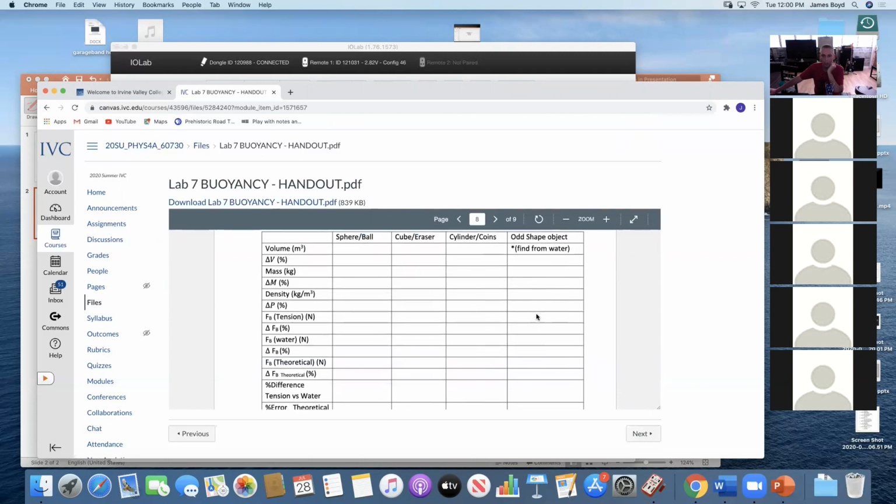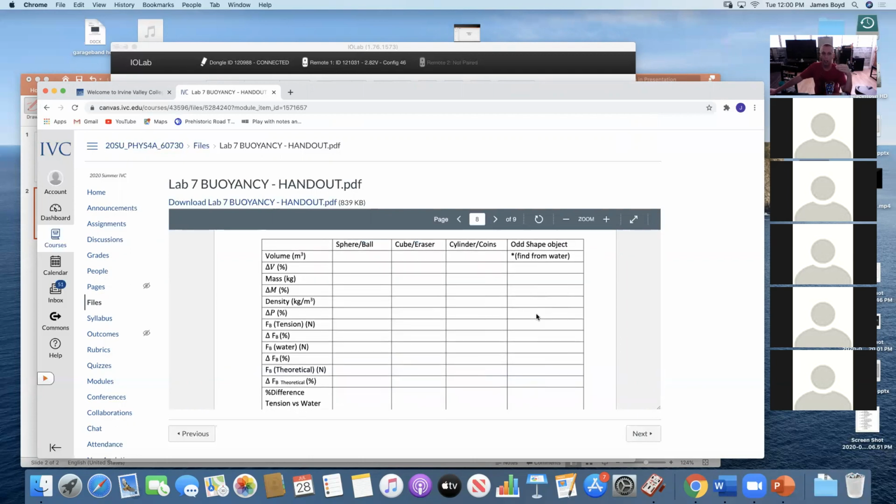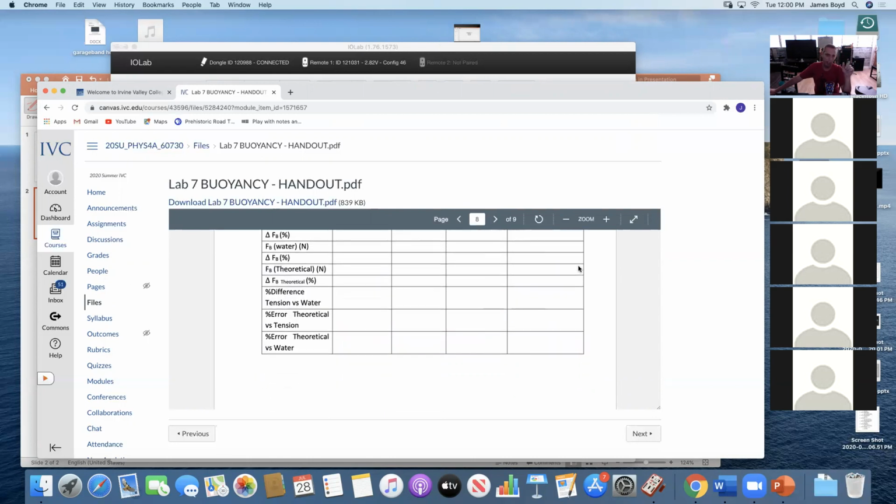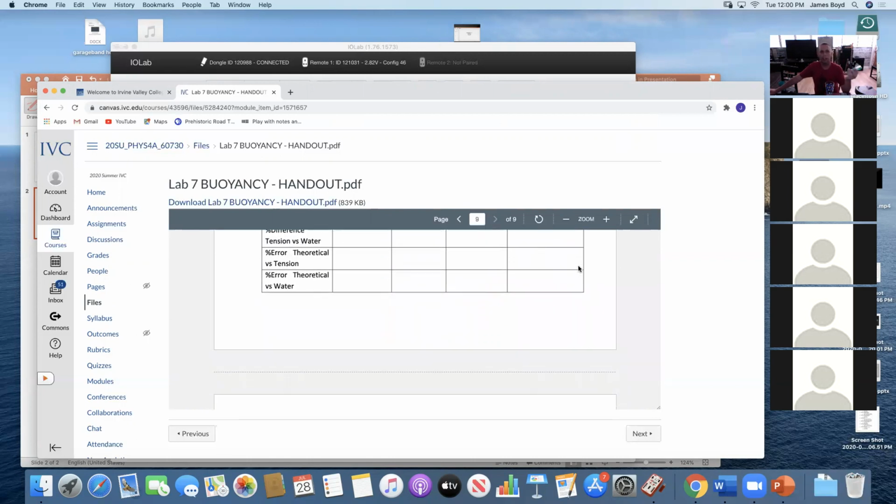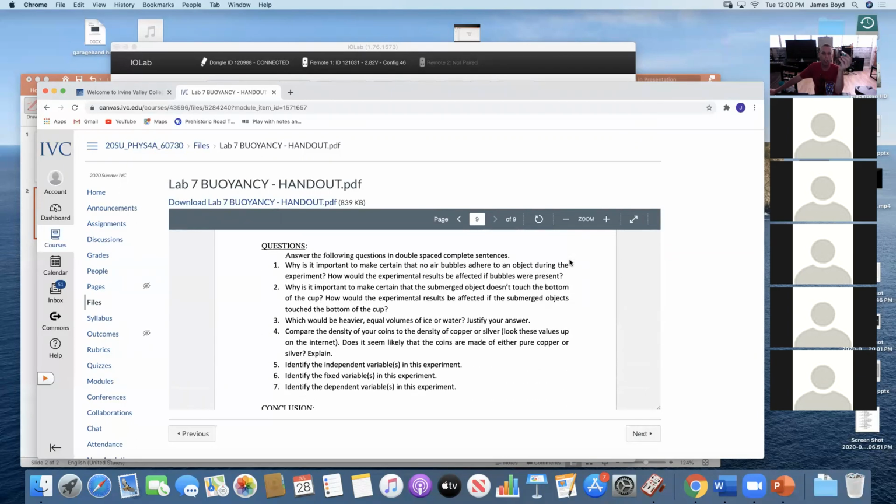What I want you to do is then look up on the internet, for two of these in the questions, a table that gives you the density of metals. The reason why is, if you were to use silver dollars for your coins, you would assume they were made of silver. And if you were to use pennies, you're going to assume these things are copper.